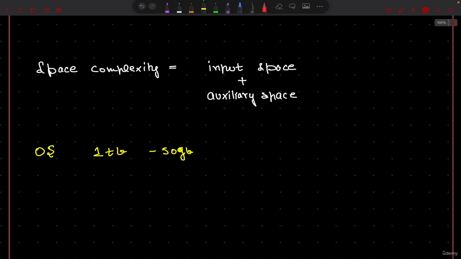So this 50 GB is something which your operating system is taking, and let's assume that you are just using an operating system only. You cannot say that you will save this space and not install anything. Well, then how are you going to use it? In a parallel manner, if you have written an algorithm to sort an array, how are you going to sort if you're not taking the input? That is not something you will be optimizing on. No, you cannot. You will make sure you take the input.